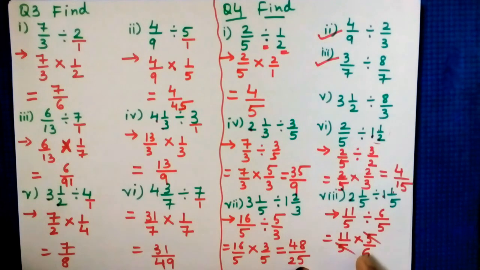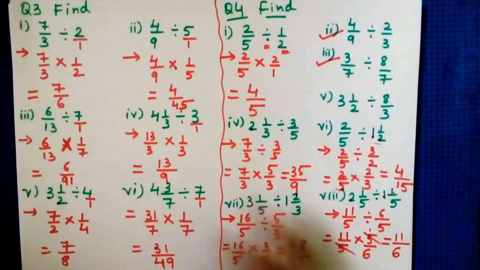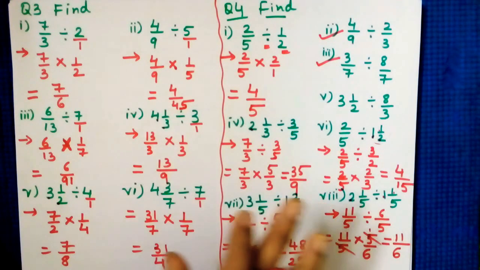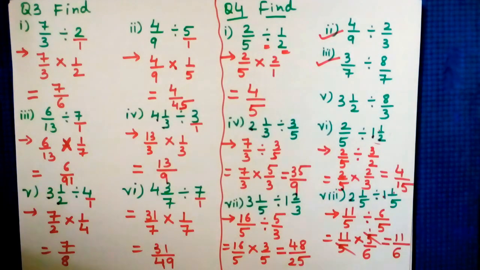So what is left with us? 11 into 1. This is cancelled, means 1 is left. So 11 ones are 11. और नीचे क्या बच गया? 6. So 11/6 is our answer. So this was question number 3 and question number 4. So here exercise 2.4 is over. Hope you understood.